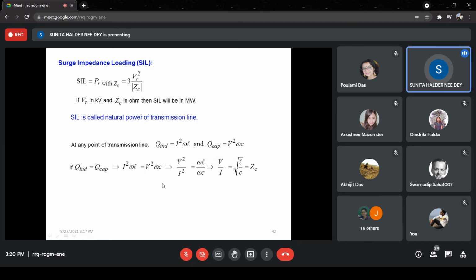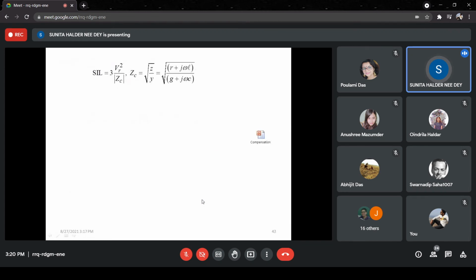So if we can balance it, then the voltage drop problem will go, right? So in that way, surge impedance loading is always preferable. There will be no deficit or surplus of reactive power in the case of SIL. So SIL is this.